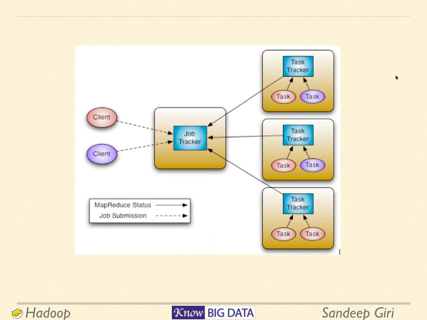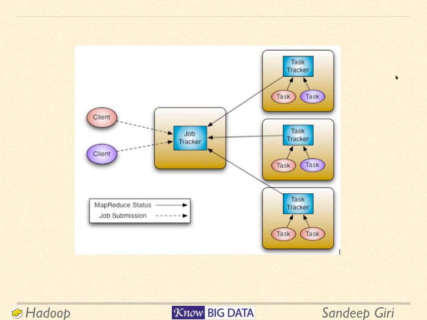It could be more than three, any number, not really three. So it sends to multiple people, saying get this job done, and these individual task executors, or task trackers, run your logic on different data sets, which are stored on the data nodes.